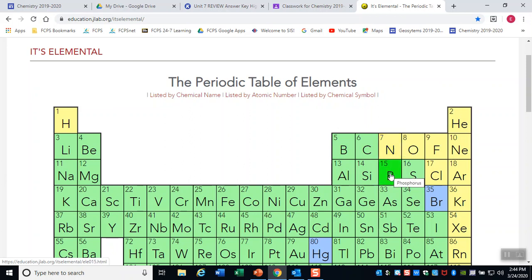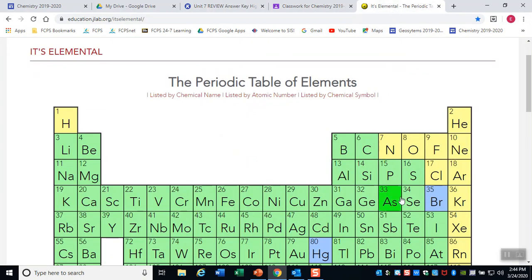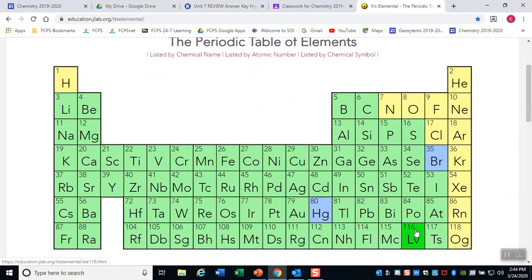Nitrogen, phosphorus, arsenic, antimony. Let's see what the choices were. One, two, three. Oh, SB, antimony. Okay.